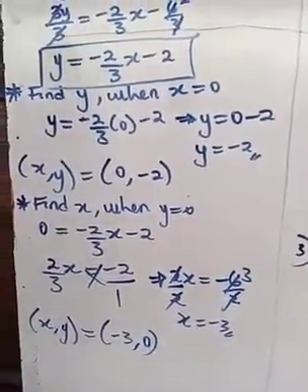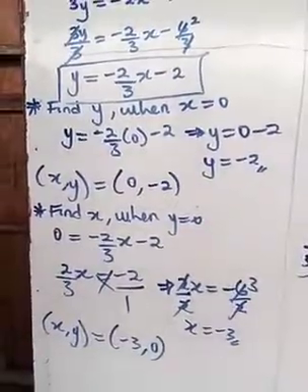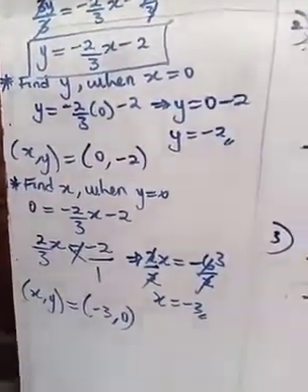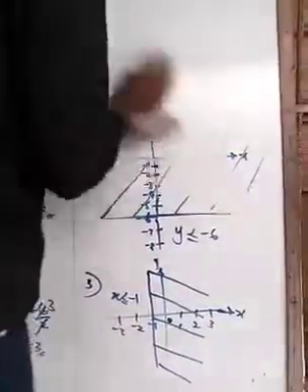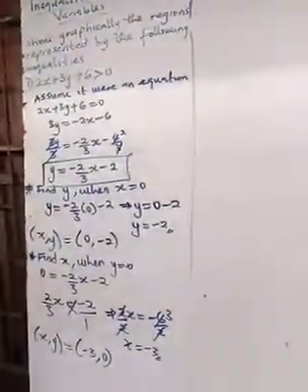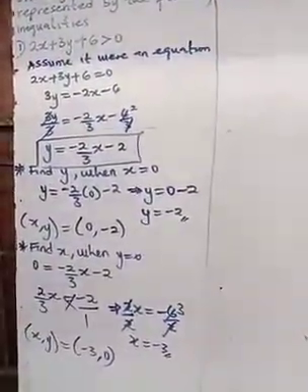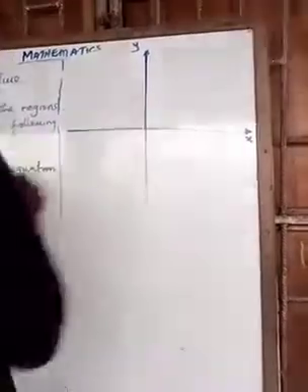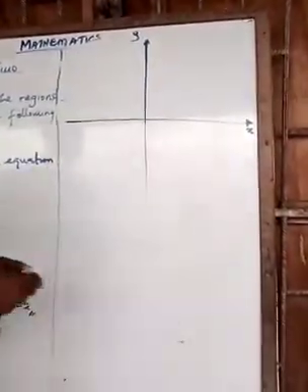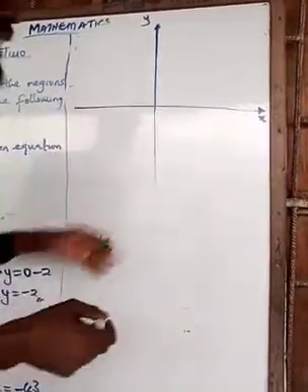So it is these 2 points that we have obtained, point 1 and point 2, that we are going to use to plot the graph. So how do we plot this graph? Like a normal graph. You have x and y coordinates, and you have to make sure that these values are on that graph. Let's just improvise. We have the y axis and the x axis, positive y, positive x, negative y.